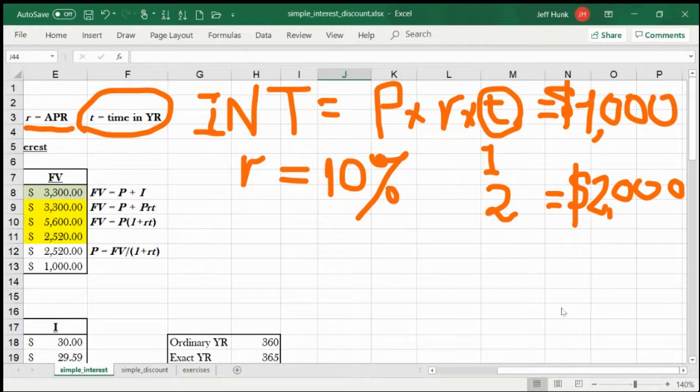Make sense? It's not that difficult. Then if T is 3 years, interest is going to be $3,000, and so on.